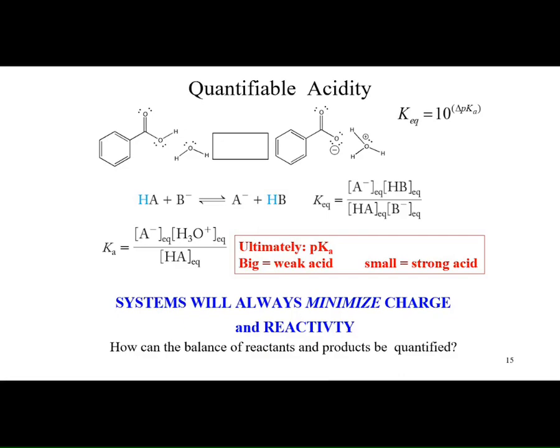That brings in a negative sign, which gives us the inverse, so now we have to remember our pKa's. Big pKa's are very weak acids. Small pKa's are strong acids. So we could look at the balance of products and reactants based off of knowing something about our pKa's. What do I mean by that?